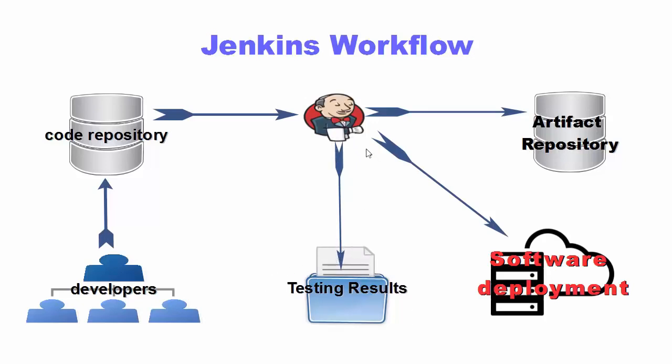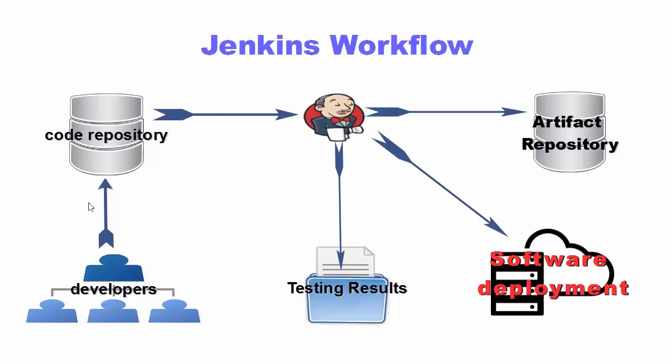And if the build is successful and tests are successful, it's going to transfer your executable file into some artifact repository, or it's going to deploy your software onto some other server, for example on some cloud server where you want to use it.